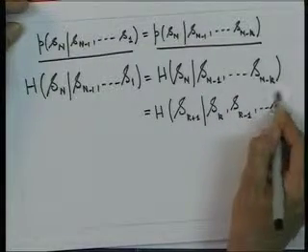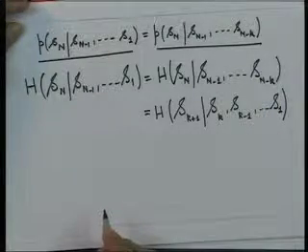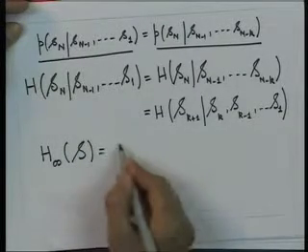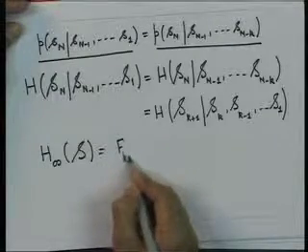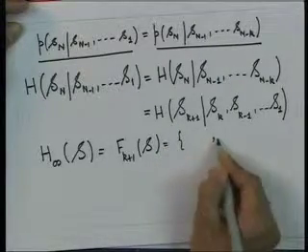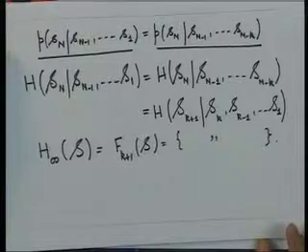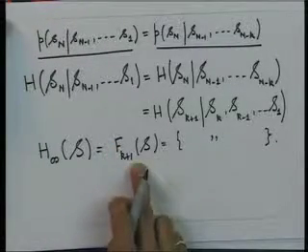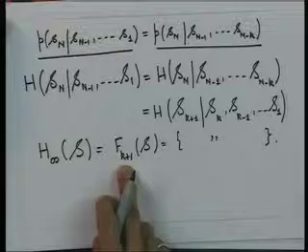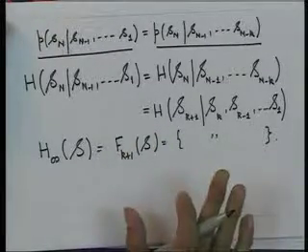S1. So, for a Markov source of order k, H infinity(S) will be equal to nothing but F k plus 1(S), which is equal to this quantity, because for n beyond k plus 1, this quantity will remain constant and it will not go lower than this value, and then I can write H infinity(S) is equal to this value.